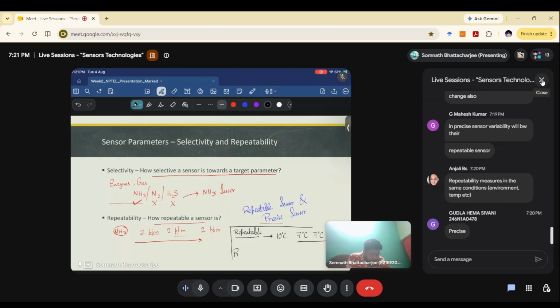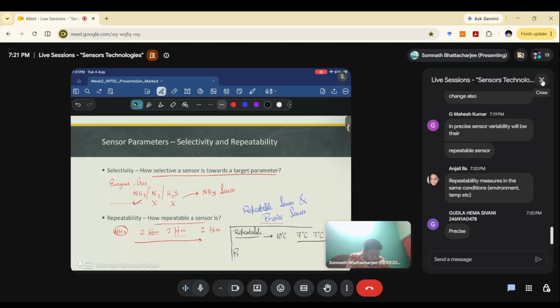We can talk about if the sensor is environmentally stable or not. So stability is the change or the variation in the characteristic of this device based on change in your environment, that is the chemical status or the mechanical status. So this is called how stable a sensor is.